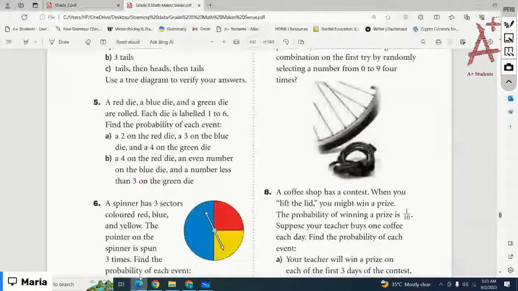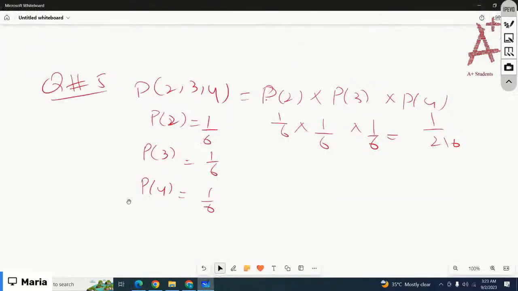Okay, then the next one is a 4 on the red die and an even number on the blue die and a number less than 3 on the green die. So it would be 4, even, and less than 3. For the B part, it would be probability of 4, even, and less than 3.